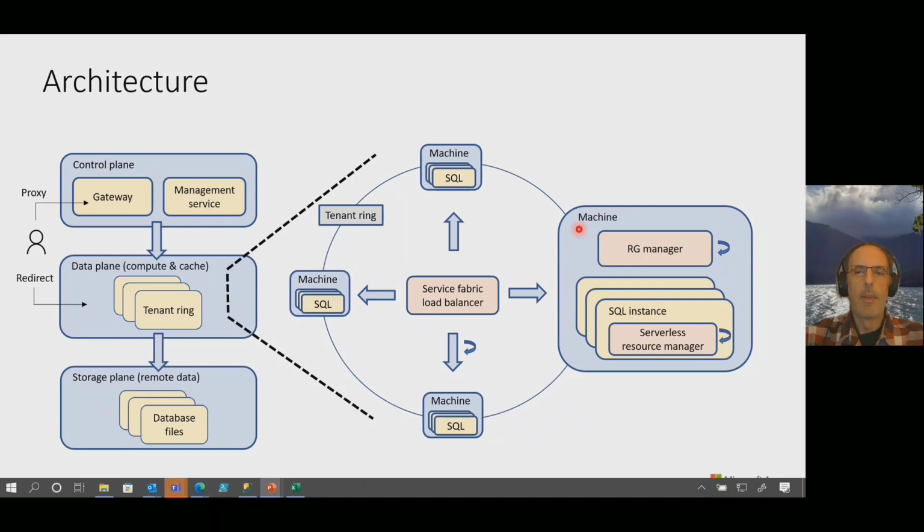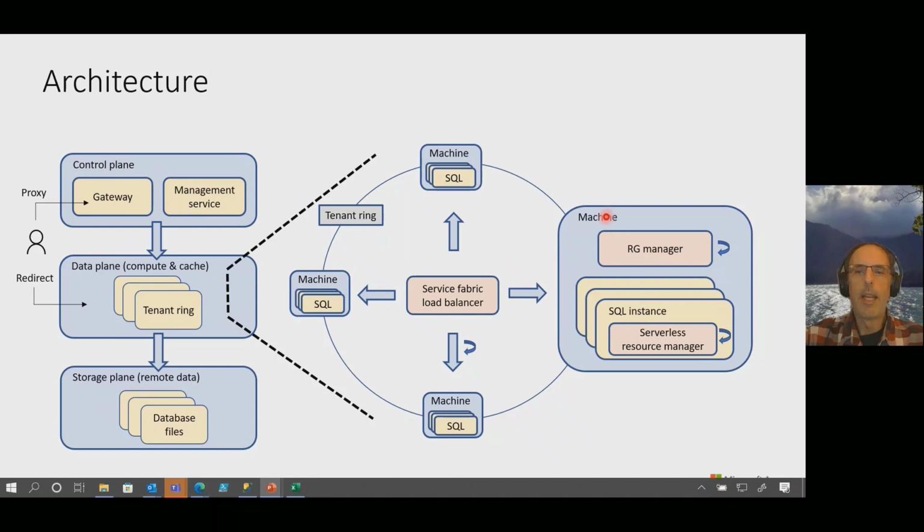Once that machine has been identified, a SQL instance is launched, and as part of that initialization process, these remotely stored database files are attached, as we just discussed, and at the completion of that initialization process, that database is online.